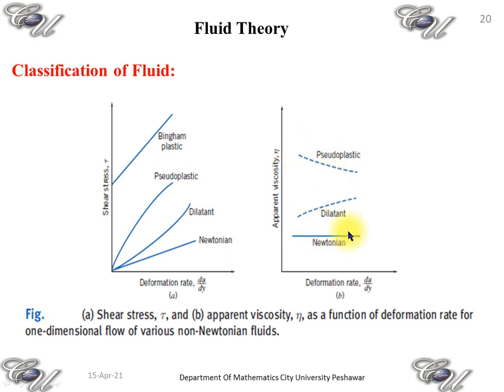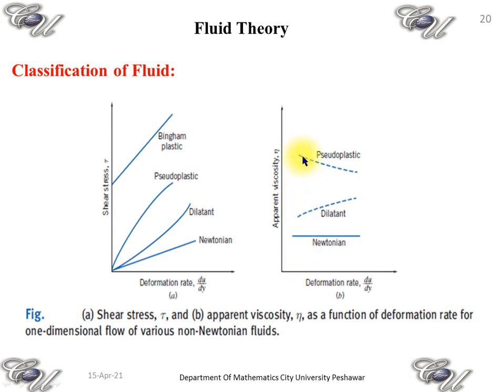Look at this one. As I have mentioned, this is the viscosity. So look at pseudoplastic fluids. In the pseudoplastic fluid, this is your shear stress. When the shear stress is here, its viscosity is this one.